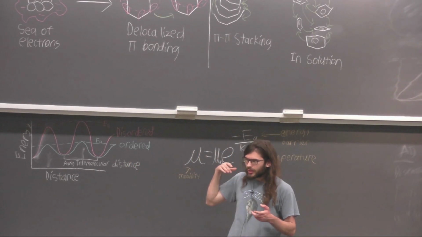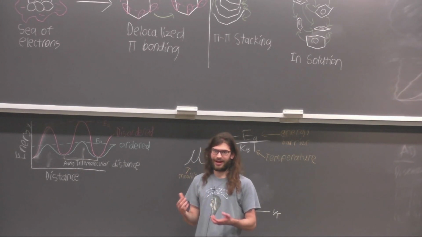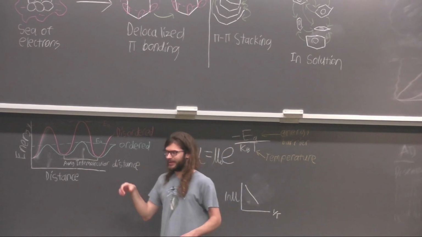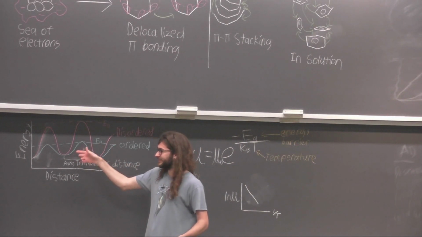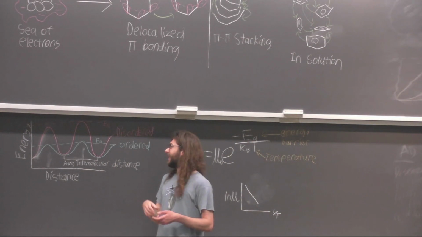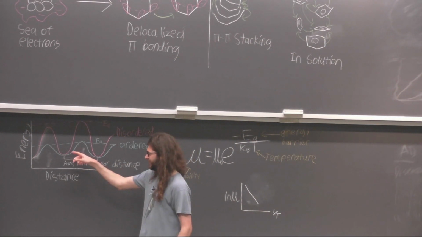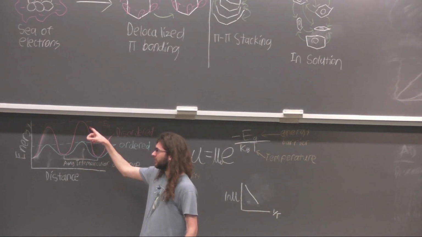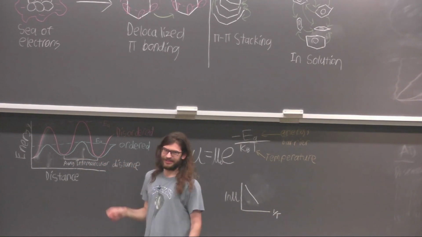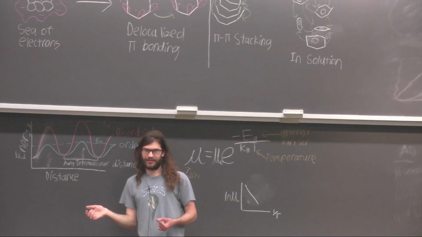So we usually describe this as some sort of quantum probability where we can imagine the carrier existing in a trough and it's going to bounce around that trough, and eventually it may happen to have enough energy to overcome this peak and end up in the next trough. And that's how we get electron transfer.